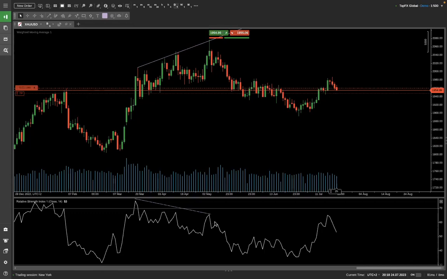And only one of them might reflect the correct state of the situation. And as you can see, because all of these highs are being made on lower momentum, lower RSI, they might be considered a trap for bulls.